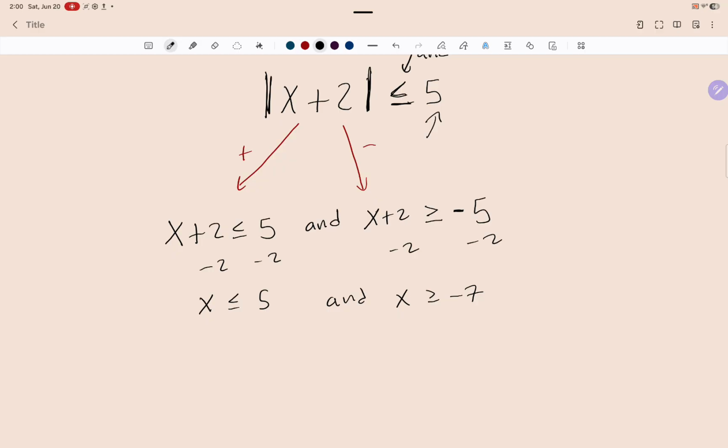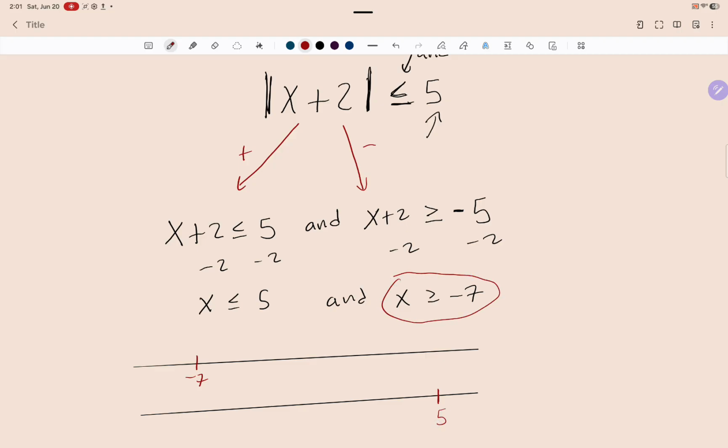And again, just like the previous case for the or, we have to draw two number lines, but there's going to be a bit of a difference. So remember to write them in order, i.e. the -7 is a smaller number than 5, so I'm going to write that one at the top, and the 5, I'm going to write at the bottom. So looking at this case here, I want x's that are greater than or equal to -7. And remember, x's that are bigger are always to the right of a number. So locating -7, I have to go this way.